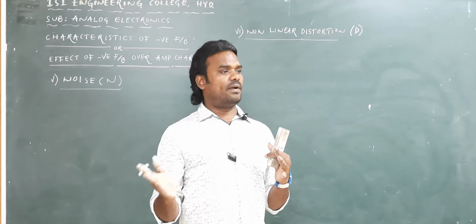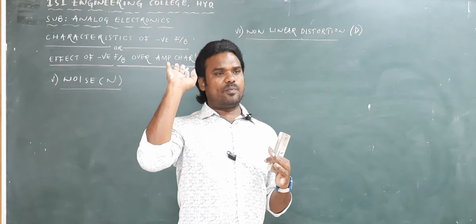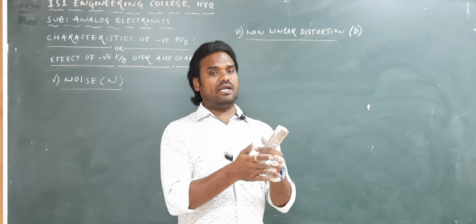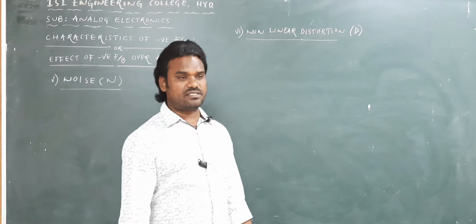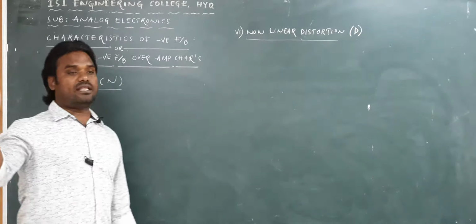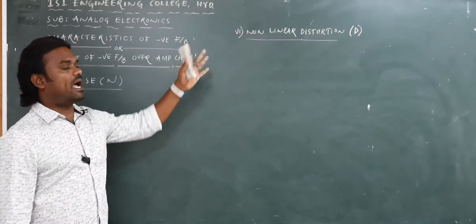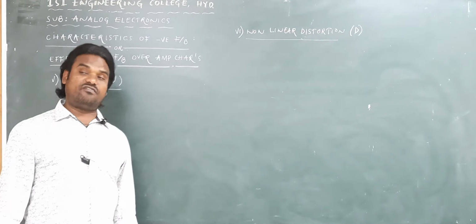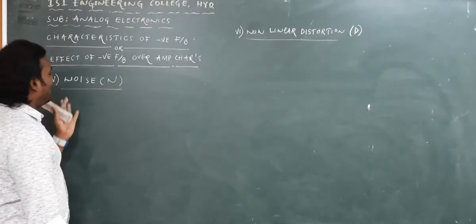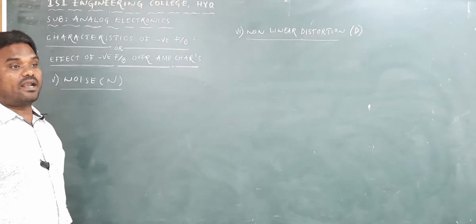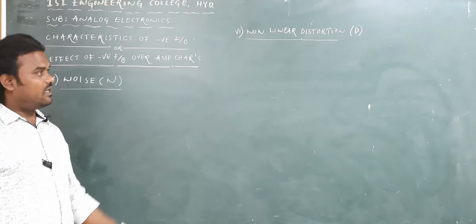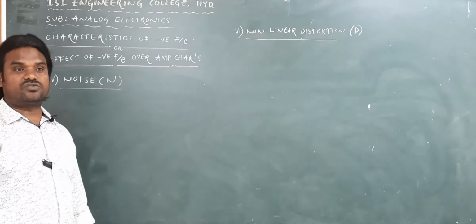Next, input impedance increases, output impedance decreases, bandwidth increases. We have discussed these four points. By employing negative feedback, these two characteristics are also affected: noise is going to reduce and the non-linear distortion also reduces.